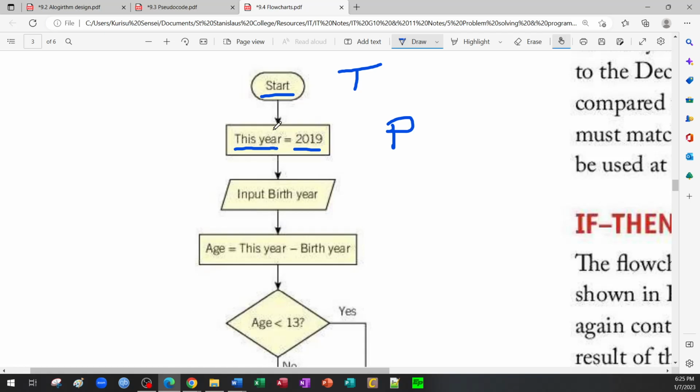Close, but not the declaration. Declaration is when you give a variable a data type. So if I had said this year equal integer, that would have been declaration. So what am I doing here if it's not declaration?